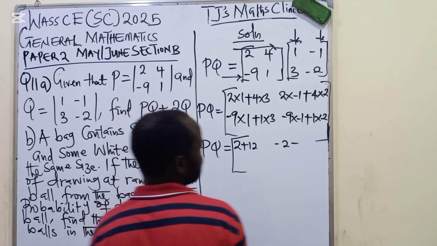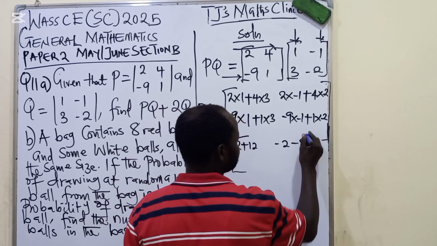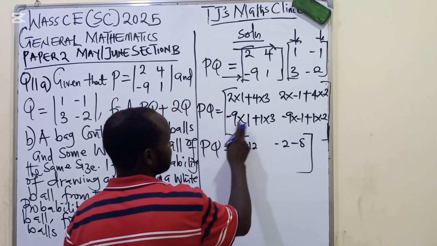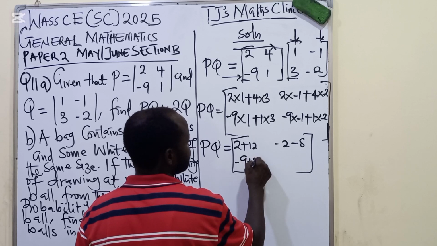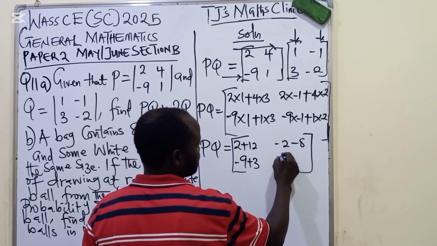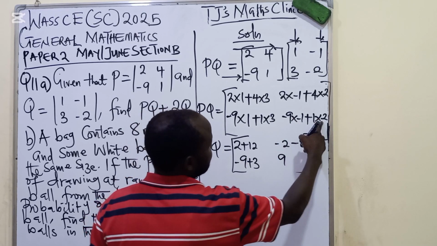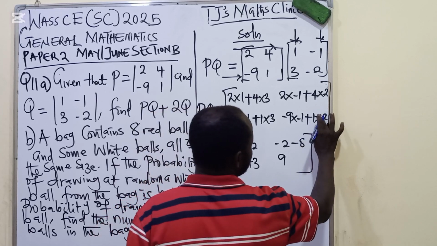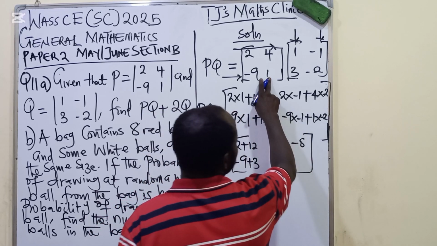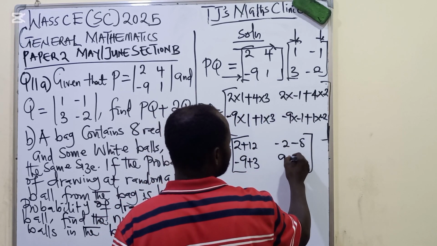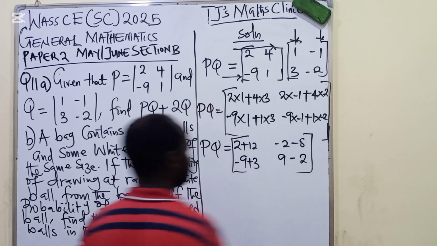Of course, it will be minus 8. We have something like this. This is minus 9 plus 3. Minus times minus is positive, that will be 9. And of course, we have minus 2 here because 1 times minus 2 will be minus 2.